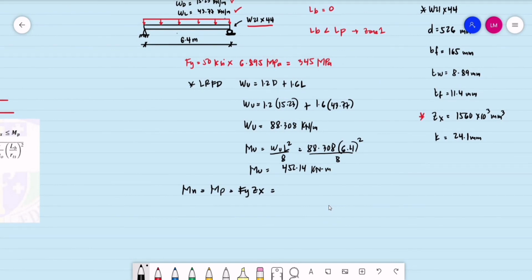We have Fy as 345 megapascals, or newtons per square mm, multiplied by the plastic section modulus with respect to the x-axis, which is 1,560 times 10 raised to 3 millimeters cubed for a section W21 by 44. Doing unit analysis, this is in terms of newton-mm.